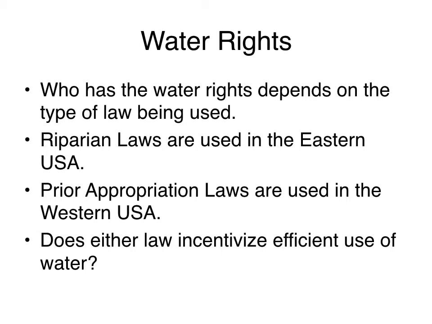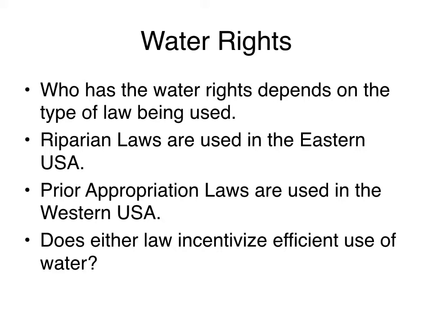Now, does either law incentivize efficient use of the water? According to your book, the answer is no. They have an example of San Bernardino. With prior appropriation rights and negligible marginal costs, the farmers in San Bernardino County will use water until the marginal value of agriculture meets the horizontal axis, exceeding the efficient division between agriculture and industry.